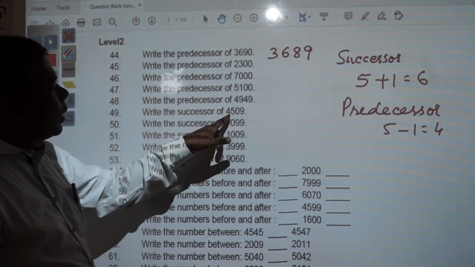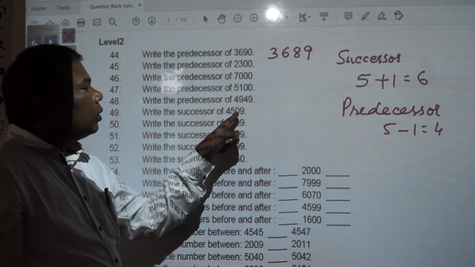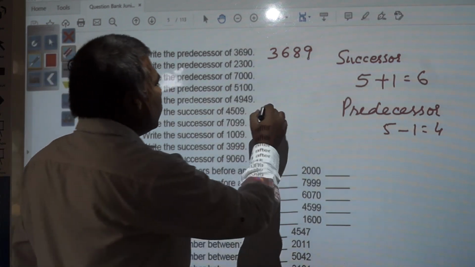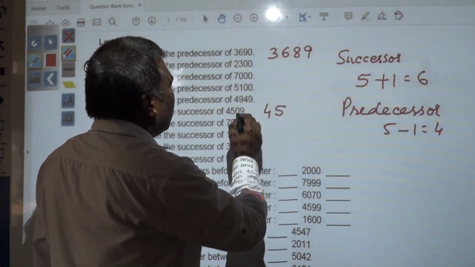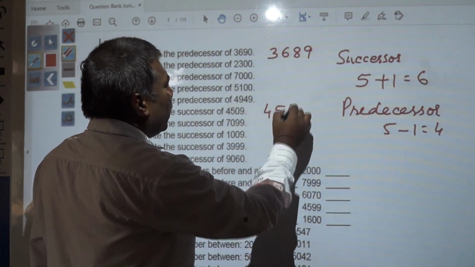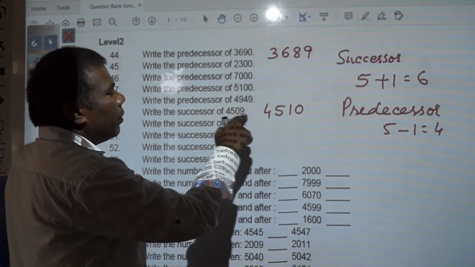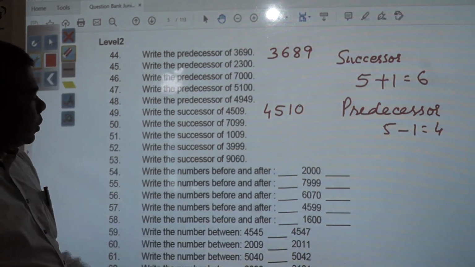In successor what you need to do? Just the number after this number. So what comes just after 4509? You add 1. So it will become 4510, because after 9, 10 will come. So in a similar way, you solve these questions.